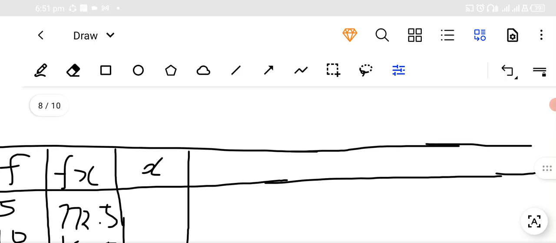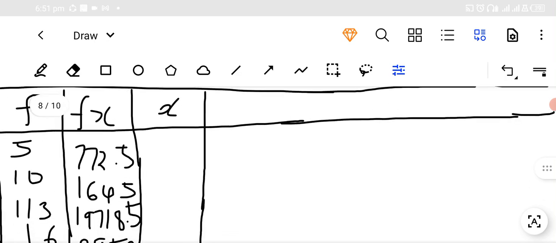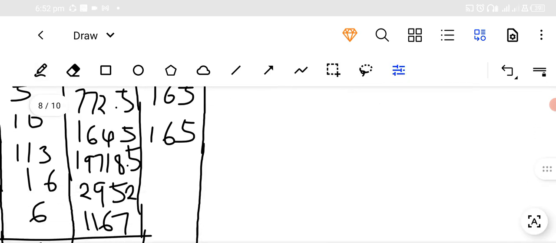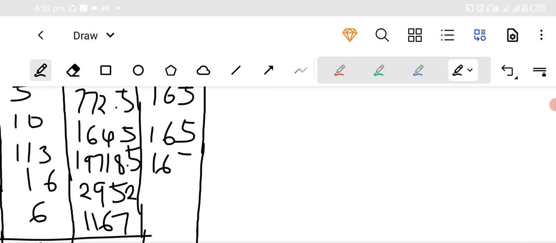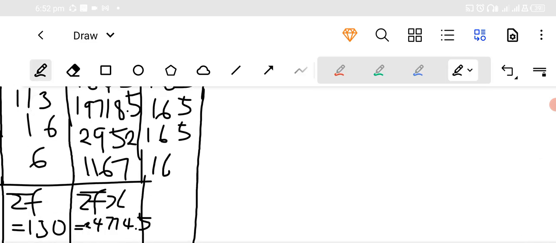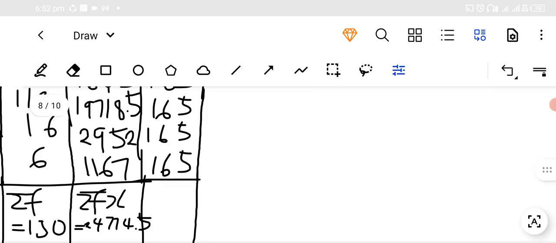It's 165.1633, but I'll just get 165, 165, 165, 165, 165, 165. Yeah, this line can continue going straight like that.